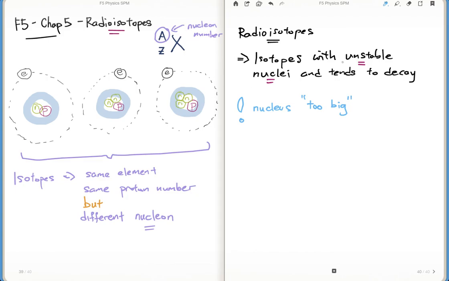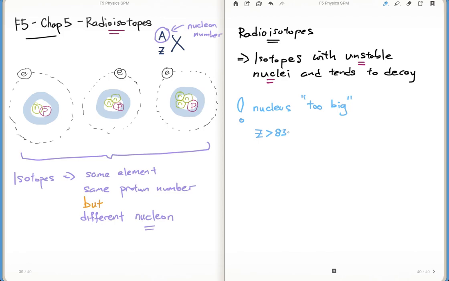Now when it comes to unstable nuclei, nuclei are considered too big. There's actually a clear-cut rule for SPM that you get to learn: when your proton number, the Z, is more than 83.